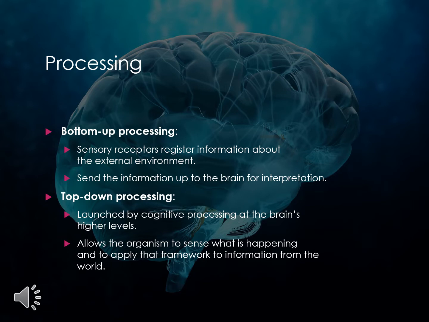How we process information is through bottom-up processing or top-down processing. Bottom-up processing occurs when information from the external environment is registered and sent up to the brain for interpretation. This type of processing occurs with first-time information, meaning information that a person is not familiar with.